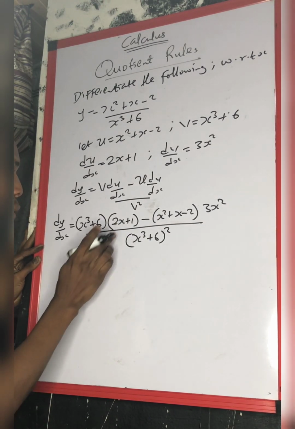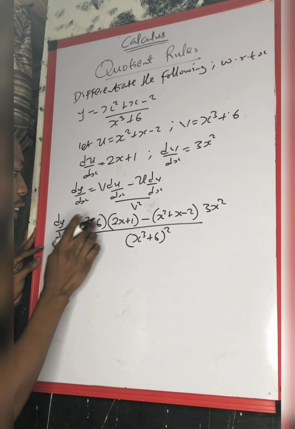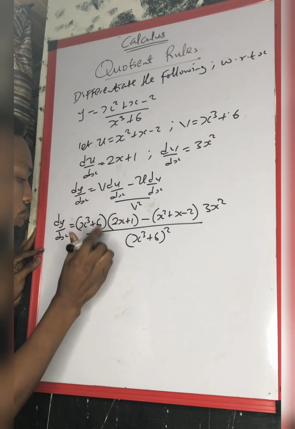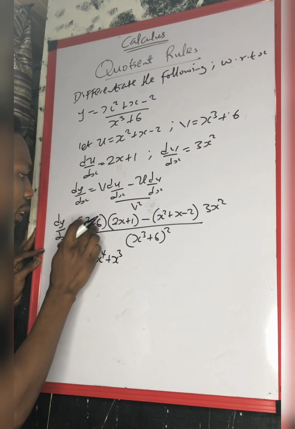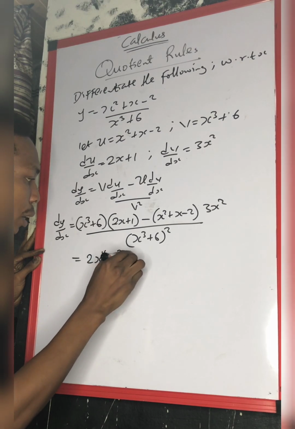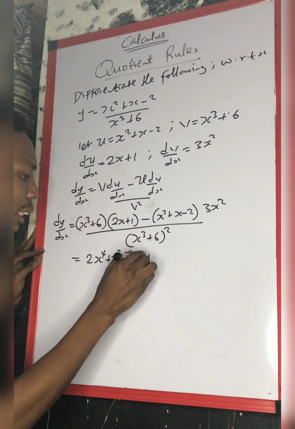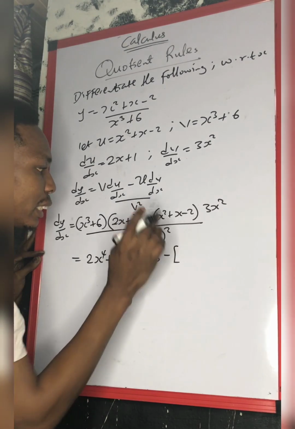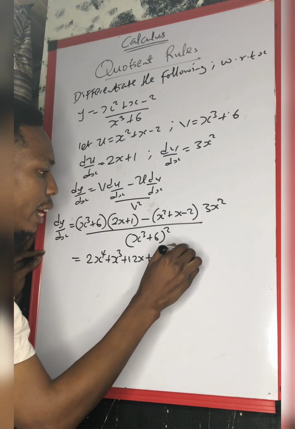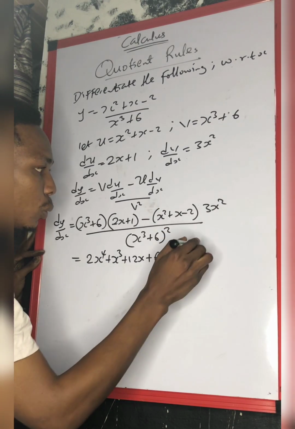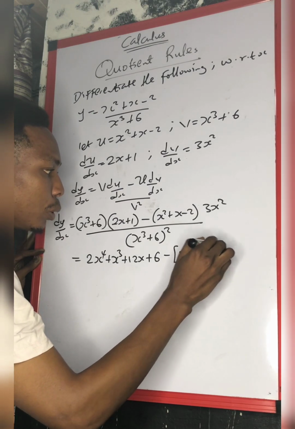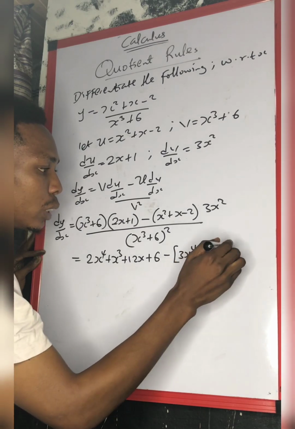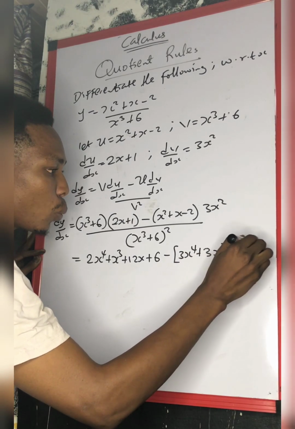So from there, we'll open all these two brackets. x cubed times 2x is what? 2x^4. x cubed times 1 is x cubed. 6 times 2x is 12x. 6 times 1 is what? 6. Then minus, bracket, 3x squared times x squared is 3x^4. 3x squared times x, 3x cubed. 3x squared times minus 2 is minus 6x squared.